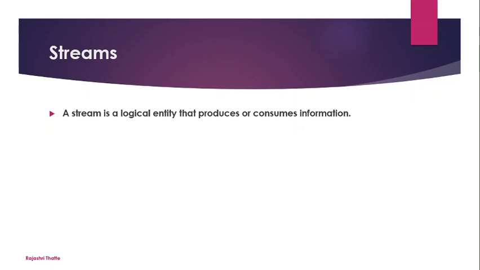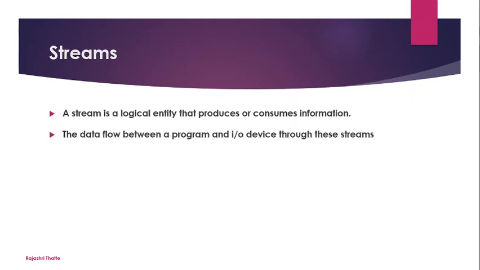So this is called a stream as a logical word. The data flows between a program and input-output devices through these streams. So the data which is coming from an input device to your program, and the data which is going from your program to an output device, that is nothing but a stream.